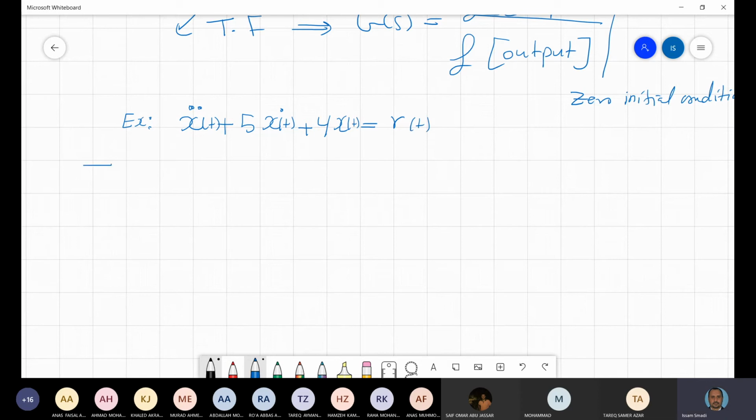I need to find the transfer function. You know that this one is the second derivative. So instead of writing d square x by dt square, I will write x double dot.